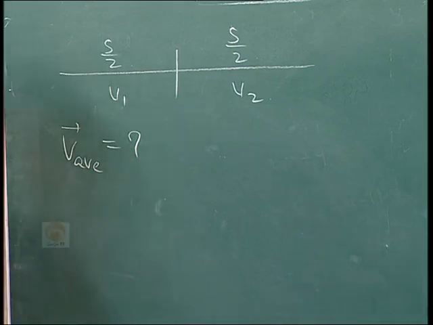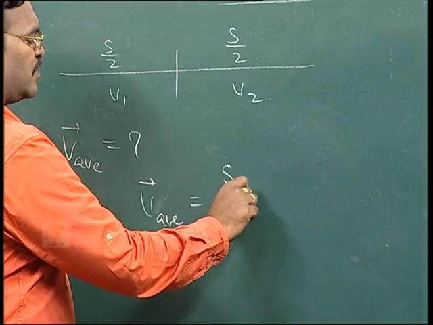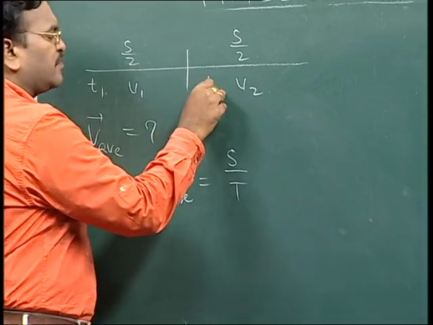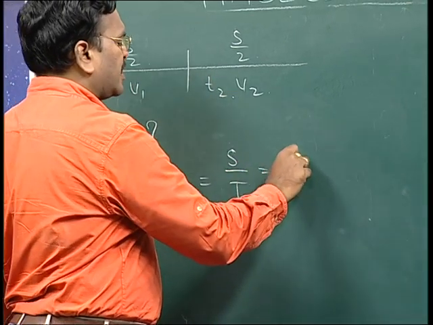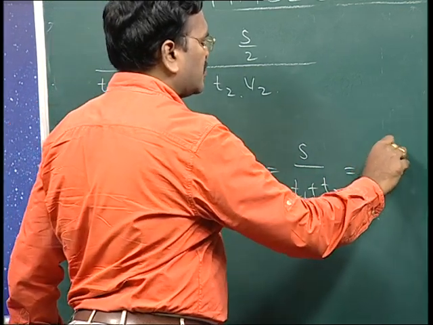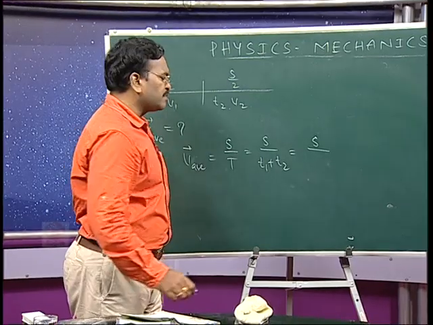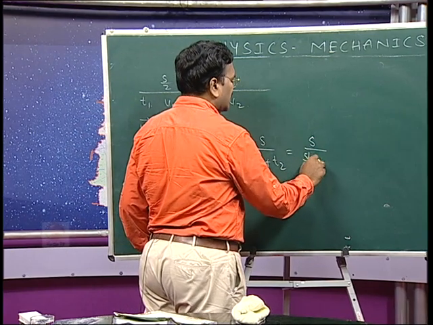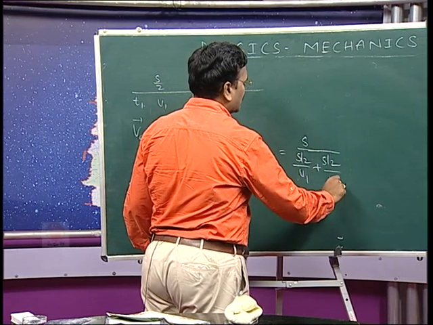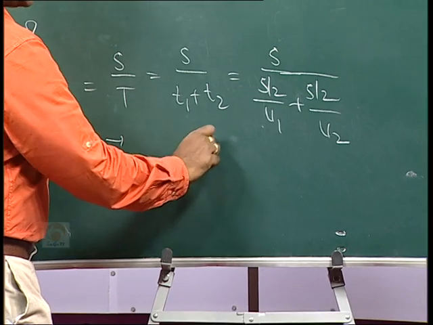How do we calculate it? Average velocity is equal to total displacement by total time.